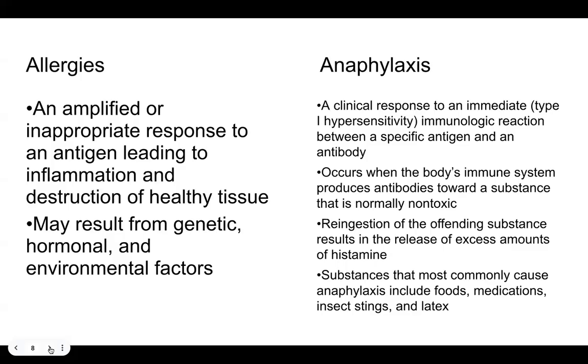Substances that most commonly cause anaphylaxis include food, medication, insect stings, and latex. The symptoms of anaphylaxis may be mild, things such as wheezing, swelling, itching, or they can be moderate. They can have moderate wheezing, sneezing, itching.